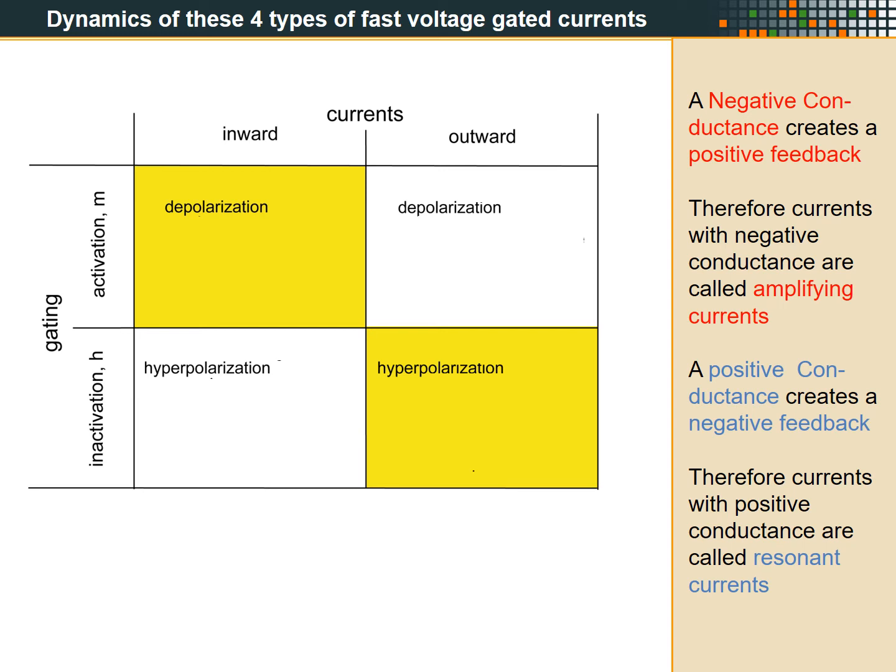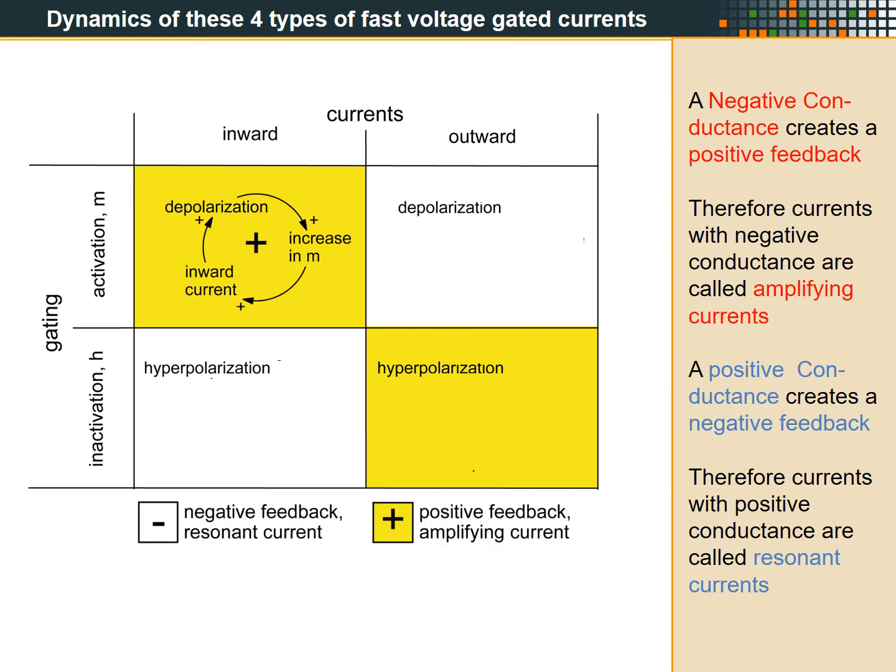And we first characterize the functions in terms of what an activation for an inward current will lead to. Well, an activation of M for an inward current will lead to a depolarization. An activation of M for an outward current leads to a depolarization.